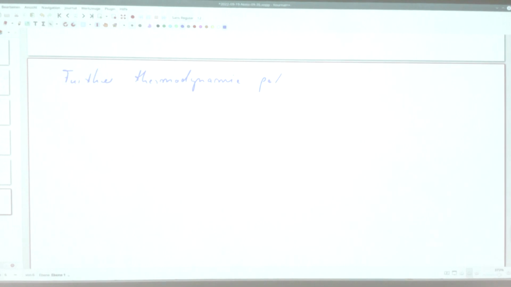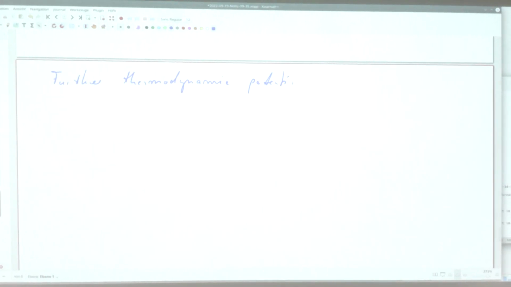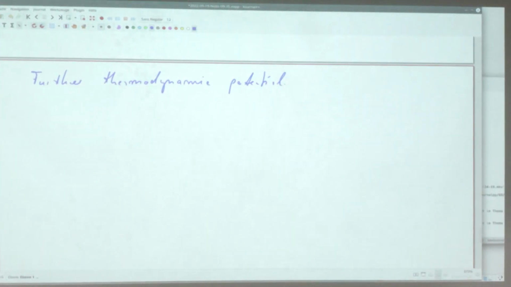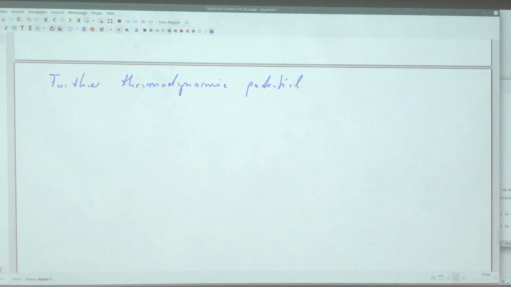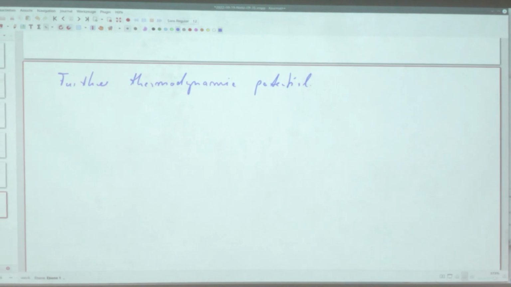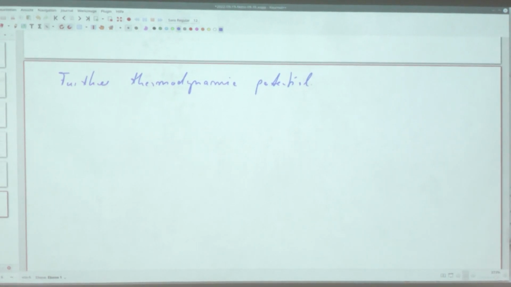Okay. Then I continue here to introduce other thermodynamic potentials. Again, it's perhaps a bit strange use of words. In thermodynamics, we call potentials all these different kinds of, say, equivalents to energy.